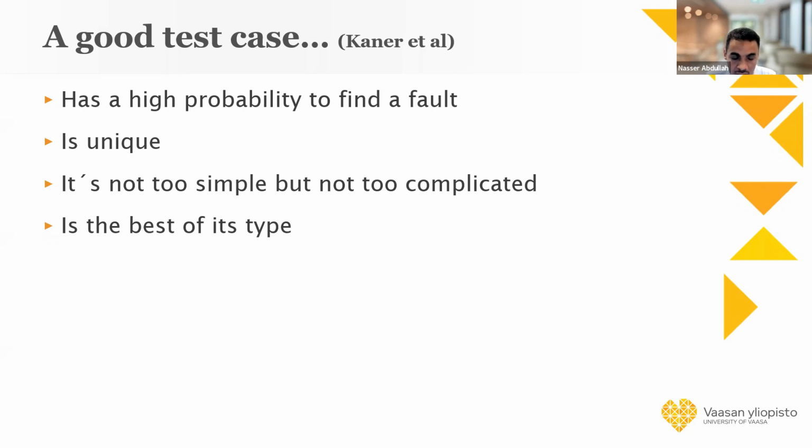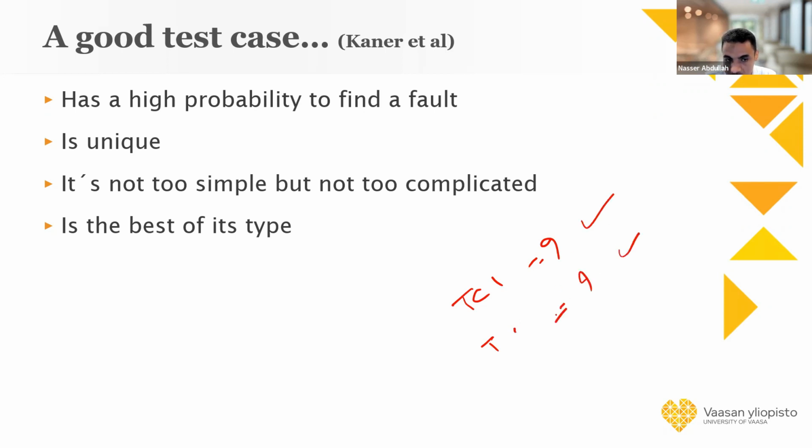Your test cases should have high priority to catch the defects. They should also be unique. There's no point in executing the same test case two or three times. For example, in the previous example, if the first test case is 9 and the second test case is also 9, I execute both of them.